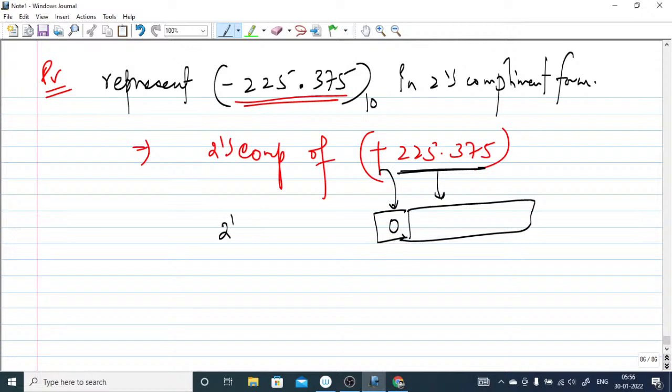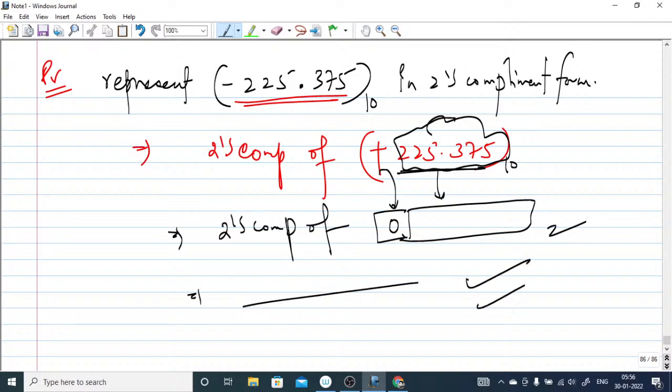Then take the 2's complement of this entire number, and you will get the answer here. I'm not going to tell you how to convert this into binary again, I've already told you how to convert.